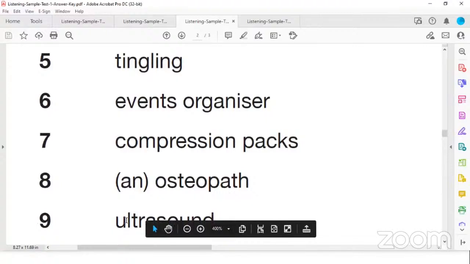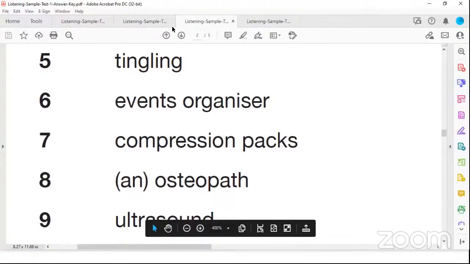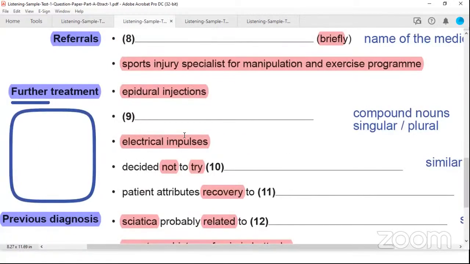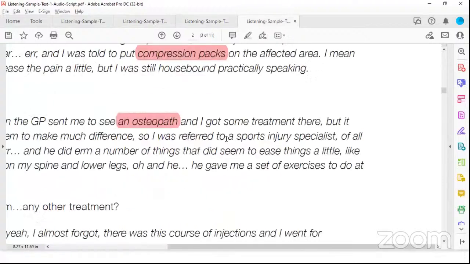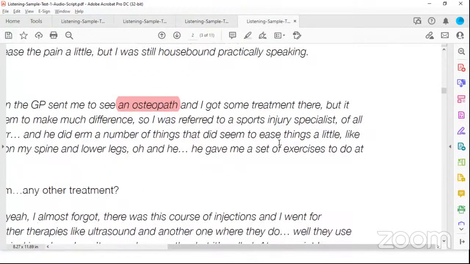Just see here, before, for the previous questions, there was an option: epidural injections, electrical impulses. They are plural. So you cannot take this one as singular. Ultrasound, that's enough. Now let us check if you heard ultrasound there.